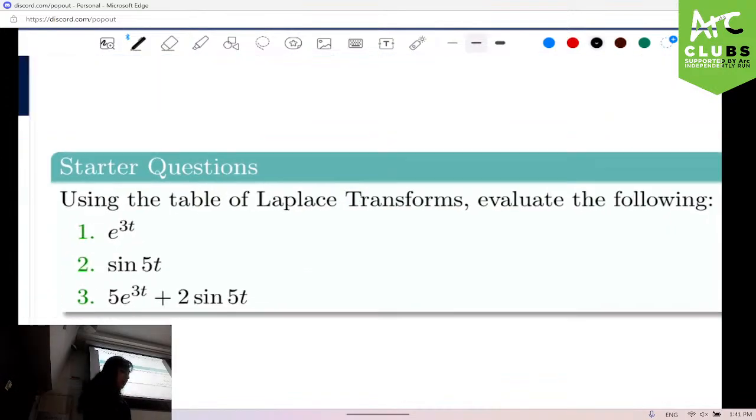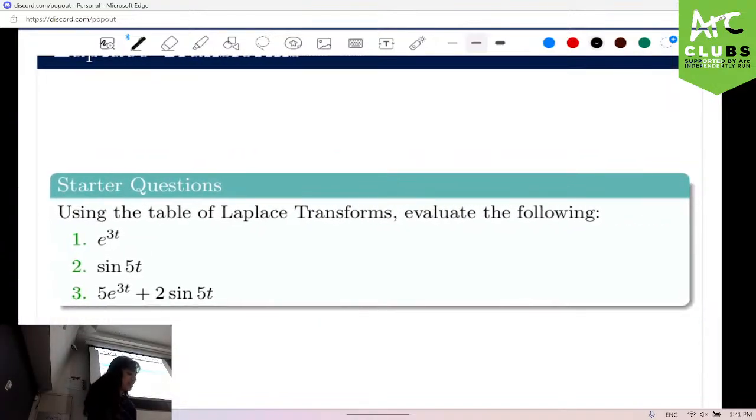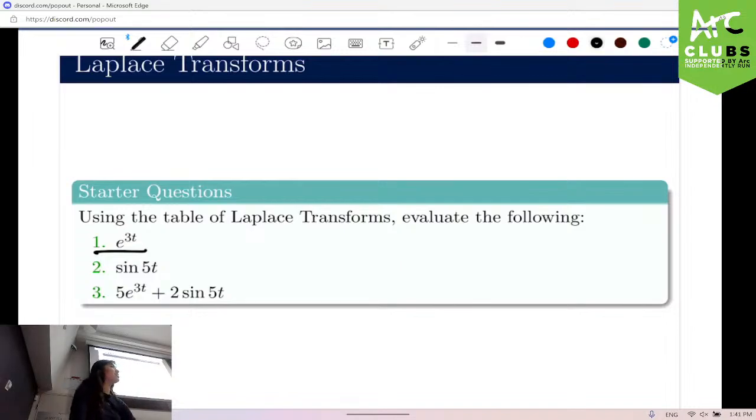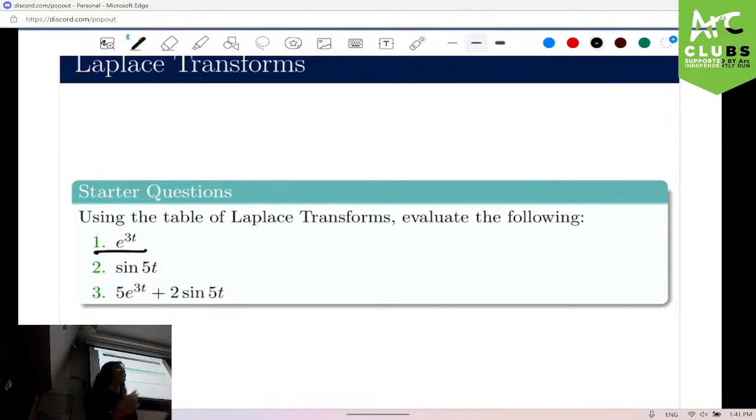So since now we know what the Laplace transform is, let's do some very, very simple examples. Using the table of Laplace transforms, evaluate the following. So using the table, what would e^(3t) be? Good job.